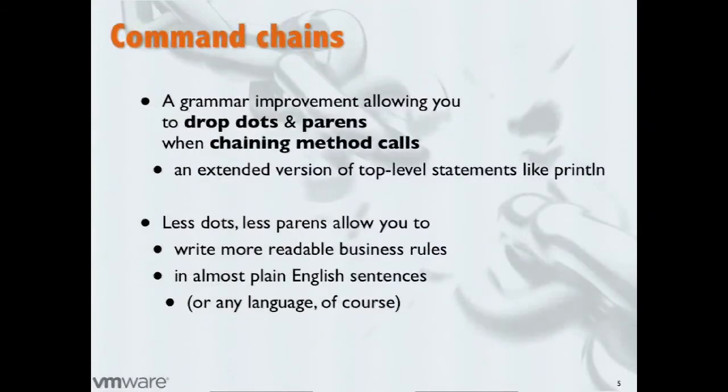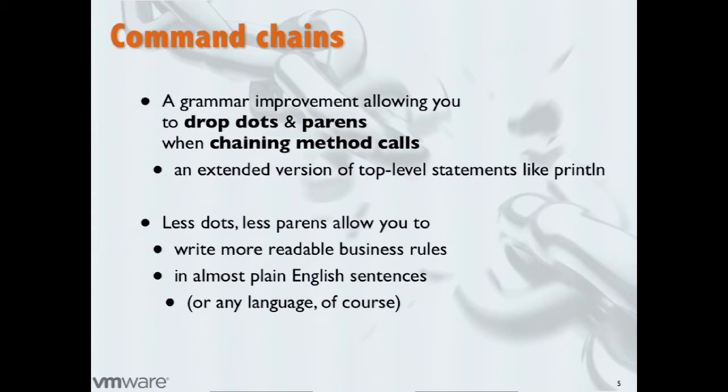Okay, so one of my favorite features. Groovy is used in different contexts as an embedded language for domain-specific languages, for business domains. It can be used as a scripting language when you're in your shell. It can be used in various contexts. And domain-specific languages is, I would say, a sweet spot for Groovy.